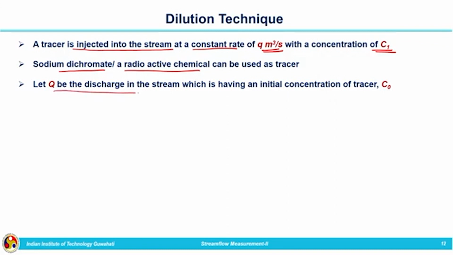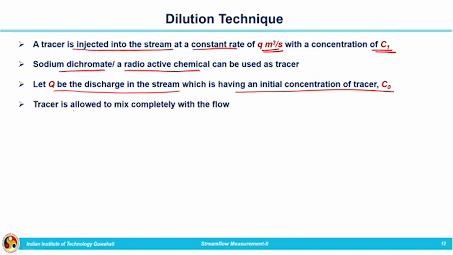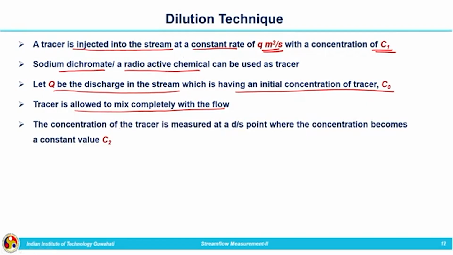Let Q be the discharge in the stream, which has an initial concentration of tracer C0. Stream discharge is Q, and we are assuming that there is a small amount of tracer present in the stream. That concentration is given by C0, and the tracer is chosen in such a way that it mixes completely with the flow. The concentration of the tracer will be measured at a downstream point where the concentration becomes a constant value C2.